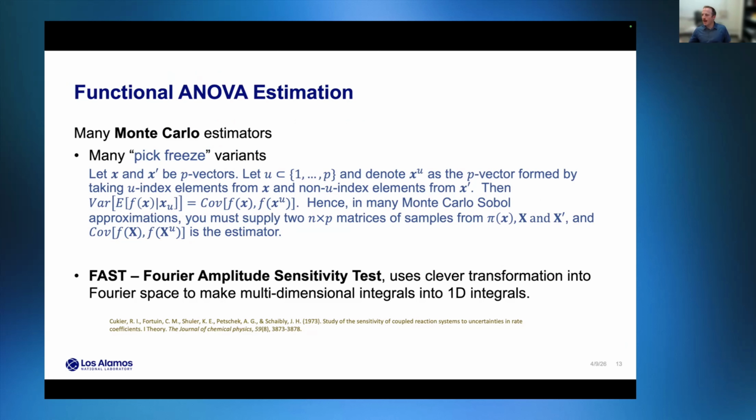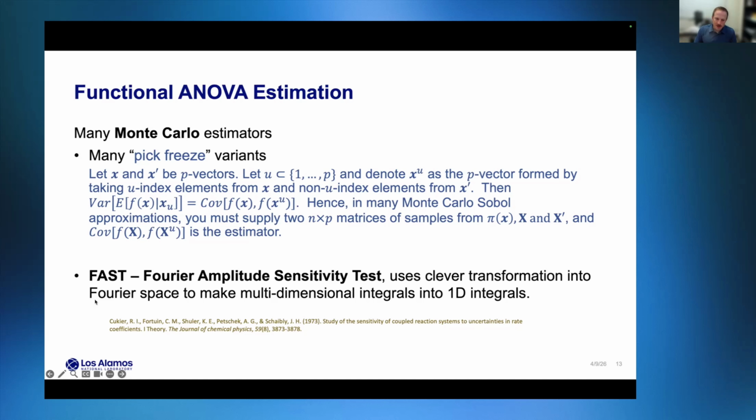And so that's why in a lot of the software to do this, you'll pass two designs of model runs, like an X and an X prime, and under the hood, for each vector of indices U, which are a subset of the P variables, it's going to do this fancy pick freeze thing to get at this estimator. And it's actually pretty simple. It's a thing you could code up in a few lines.